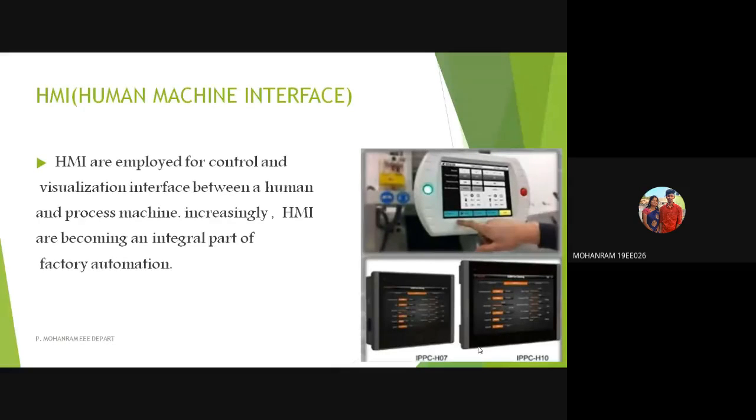In case of HMI, the temperature is observed by the human, and the data is given to the system. At 30 degrees Celsius, the system should stop and the boiling of milk should be stopped. So this is the difference between HMI and SCADA. But HMI is a part of SCADA, but SCADA is not a part of HMI.